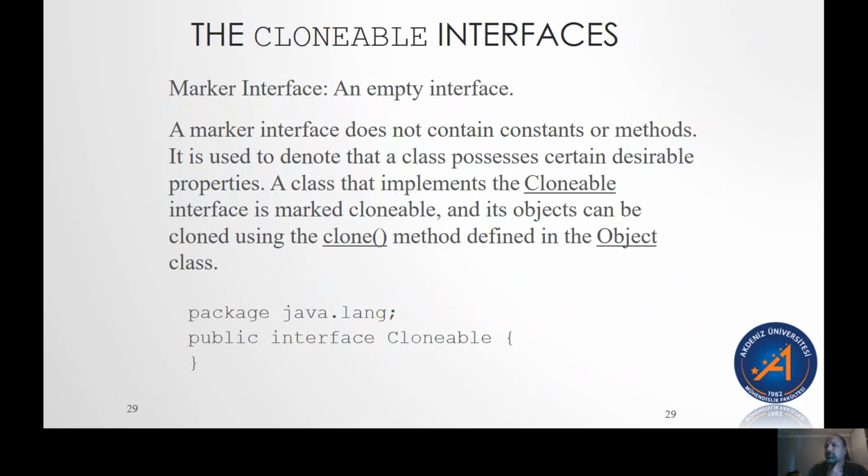Won't talk too much about the Cloneable interface, but remember one thing that we talked about: if you had an object of whatever type and a variable called a, and you assigned a to an object, and you took b and assigned it to a new object, then said b equals a, that wasn't the same as copying a into b.